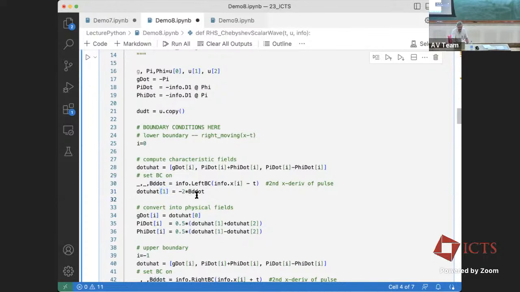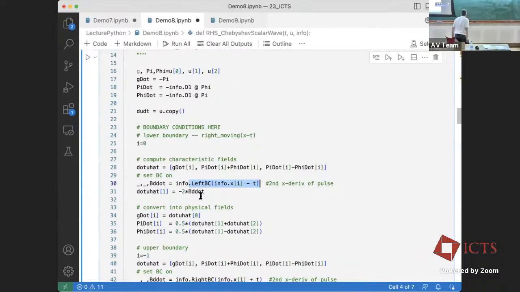And in this particular case, I'm feeding in information from a function I'm calling left boundary conditions. And it turned out if you want the function left boundary conditions to be the actual shape that is traveling through your domain, then this one here has to have 2 time derivatives.